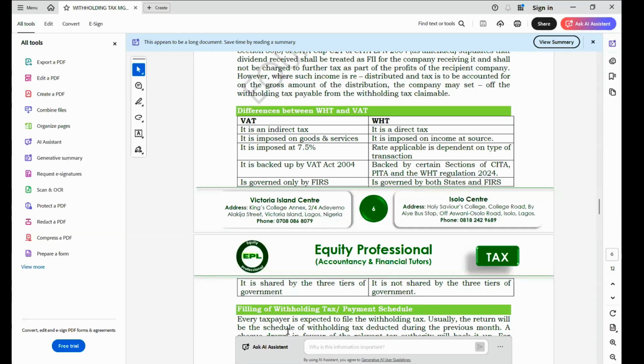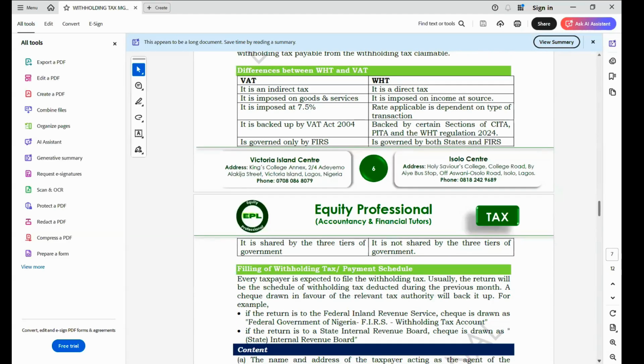So this payment schedule is usually a document that is prepared by the agent, the taxpayer, showing the total of the withholding tax deducted from all sources. It's going to show the details of the withholding tax that the agent deducted from various beneficiaries.